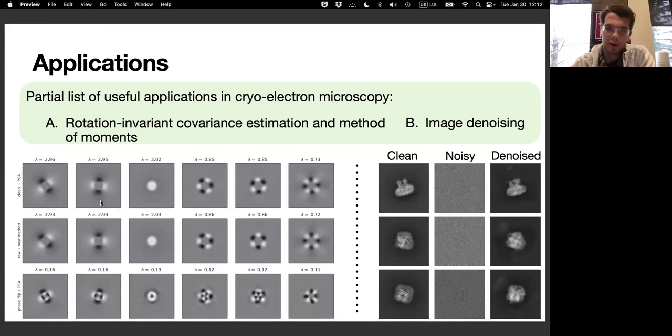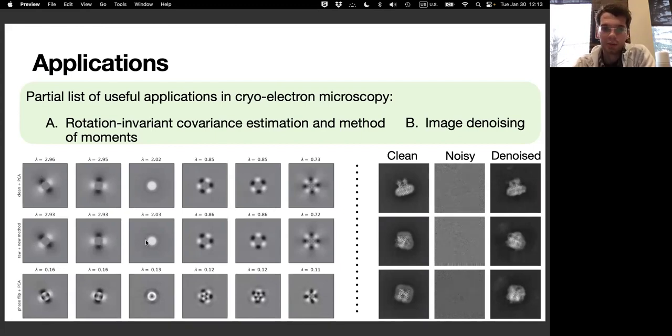Okay, so how do we actually get there? Well, it turns out we have to do some rotation invariant PCA and covariance estimation. So in case anyone is interested in PCA under group actions, we'll talk about this later. But I just have this one slide here. So the top row is a PCA on one of these data sets, but on the clean ground truth data set right here.